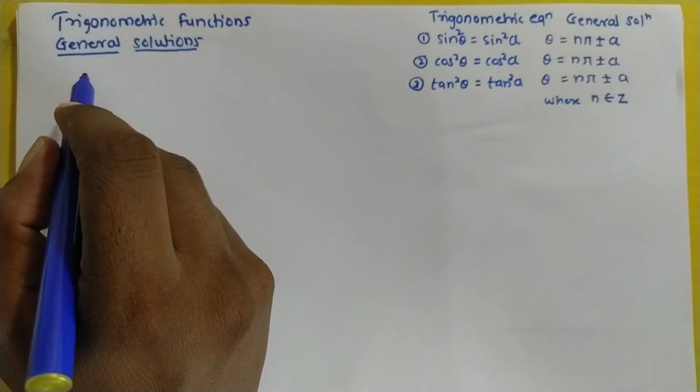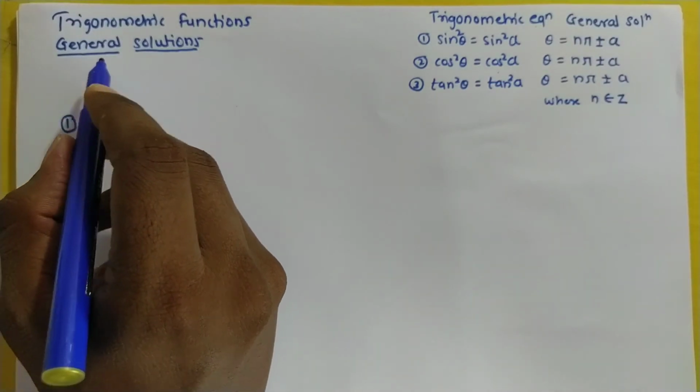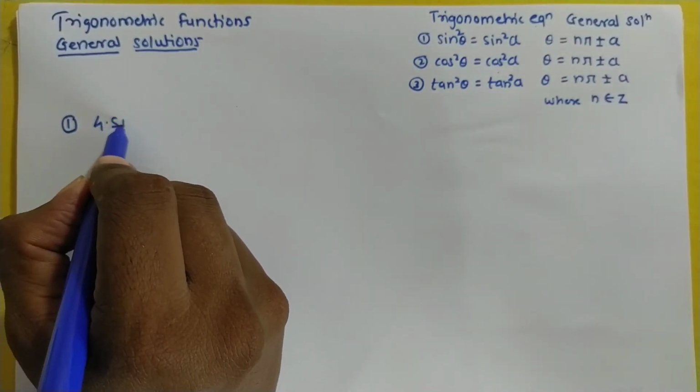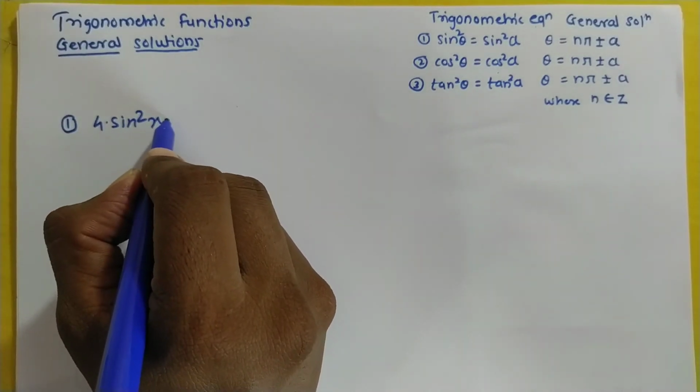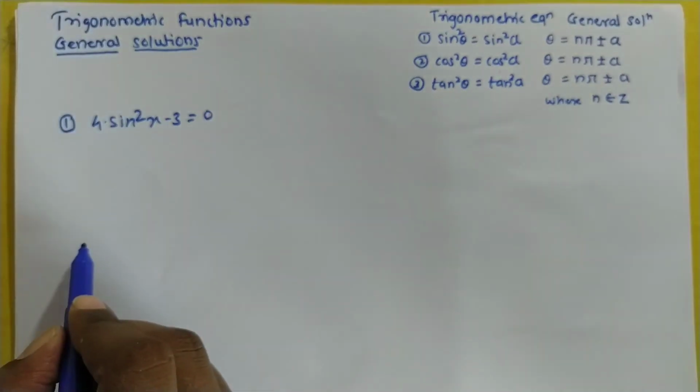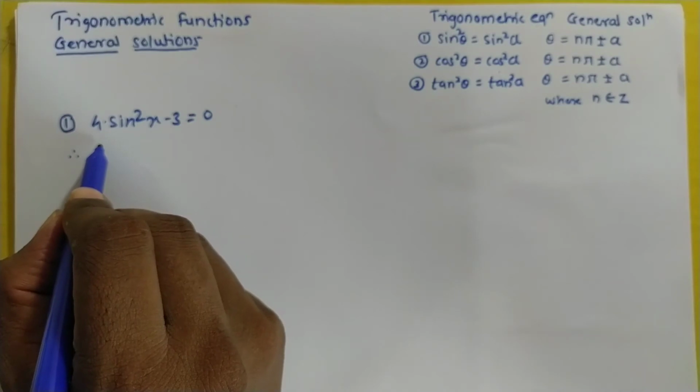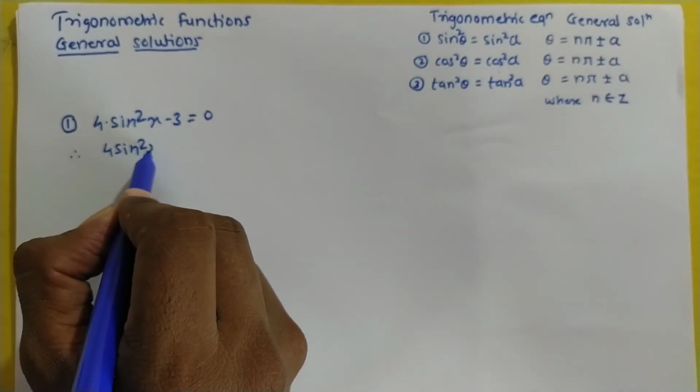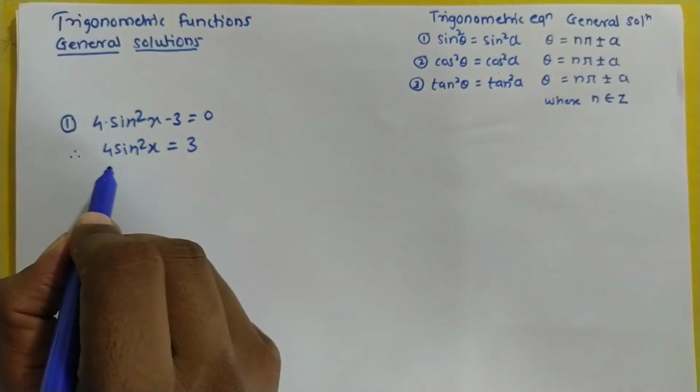First example, we have to find the general solution of 4 sin square x minus 3 equal to 0. Therefore 4 sin square x equal to 3.